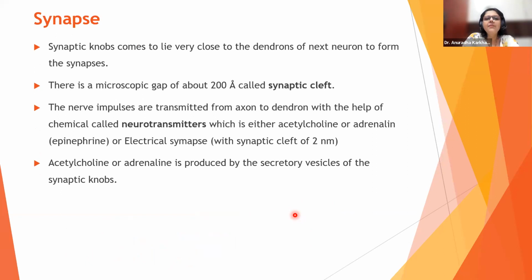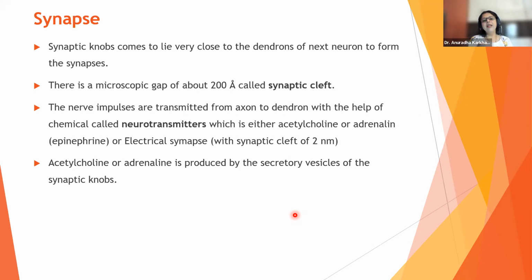Synapse. The synaptic nerve comes to lie very close to the dendrons of the next neuron to form a synapse. There is a microscopic gap of about 200 angstrom, which is called the synaptic cleft. The nerve impulses are transmitted from axon to dendron with the help of chemical substances called neurotransmitters, which is either acetylcholine or adrenaline.